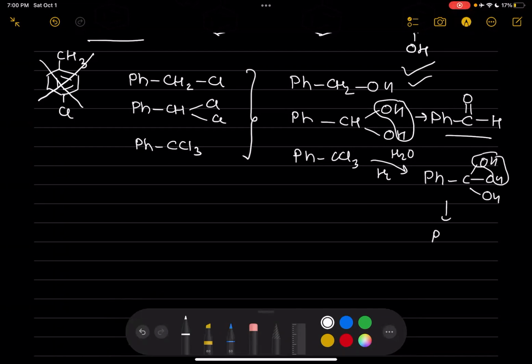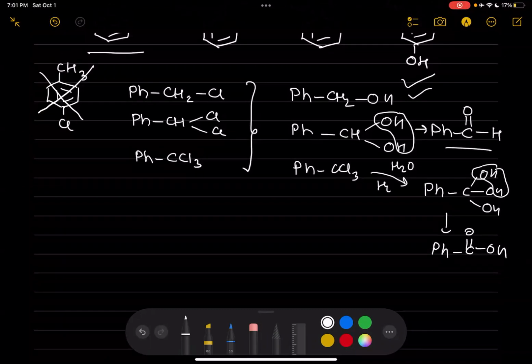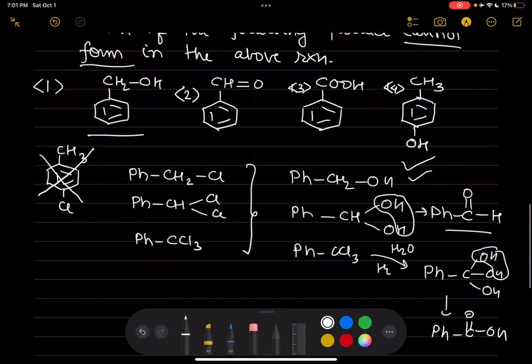One more very important thing which we learned from this question. If you have 1 OH, that's it. If you have 2 OH on the same carbon, water will get removed and you will end up with an aldehyde. And if you have 3 OH groups, the water will get removed and you will end up with carboxylic acid. Is it clear? So which is never possible?